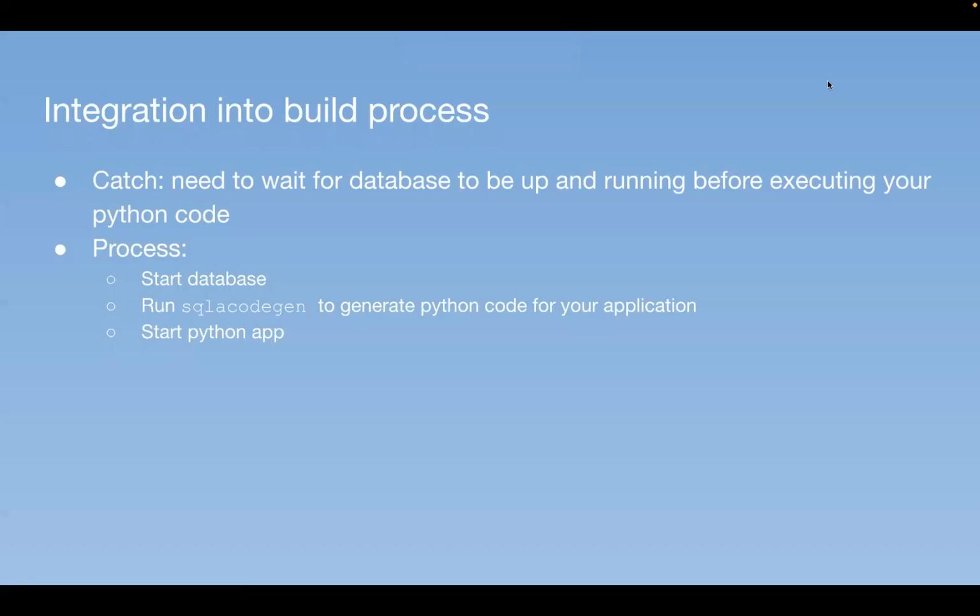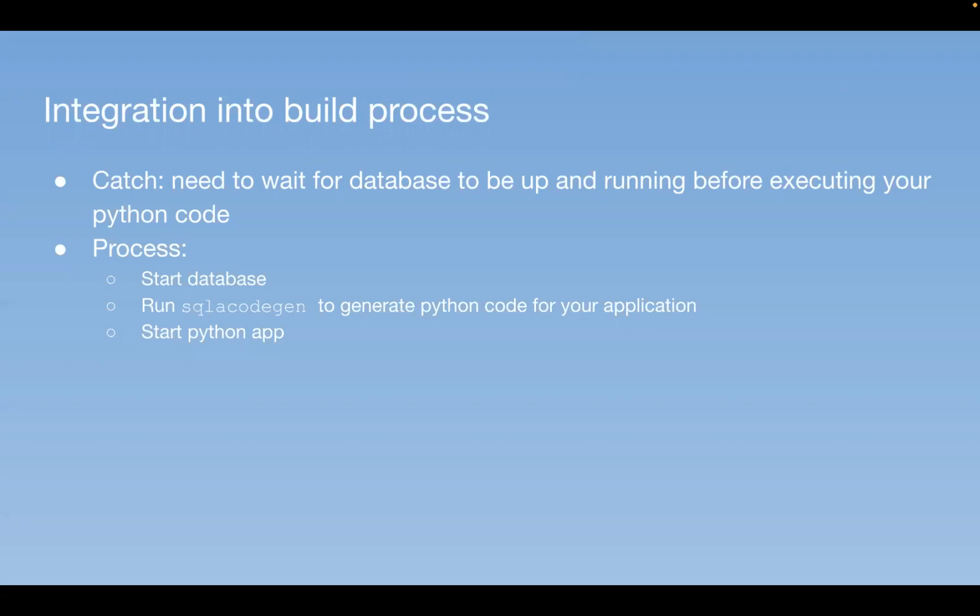So how can we integrate this into our build process for our application? There's only one catch relative to a normal or manual SQLAlchemy setup. Your SQLAlchemy models are based on the structure of the data that's in the DB.